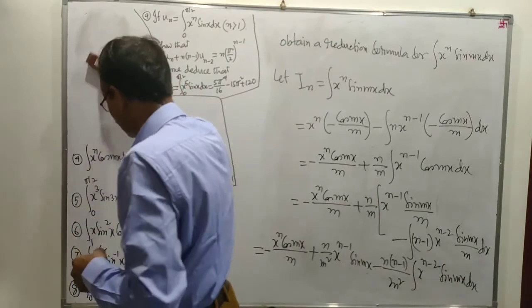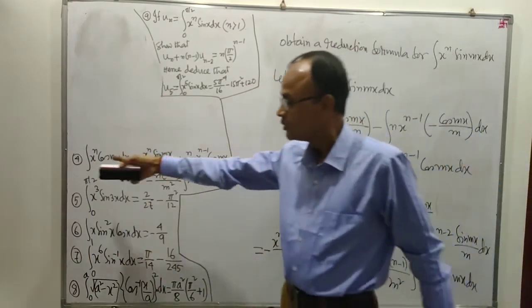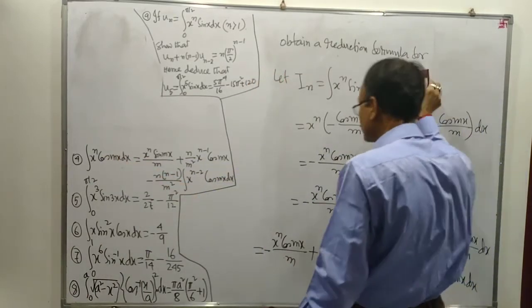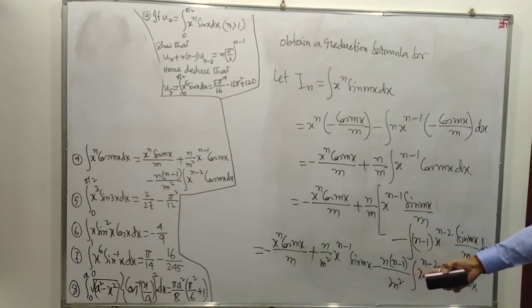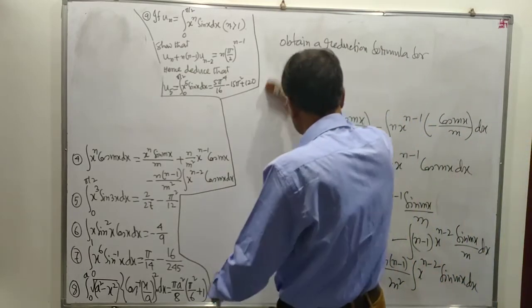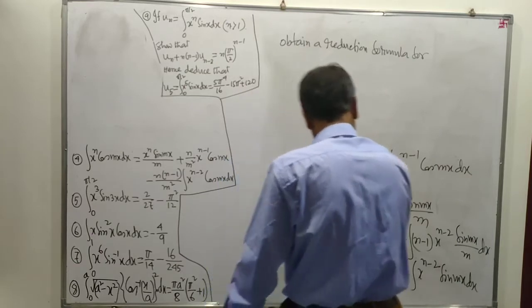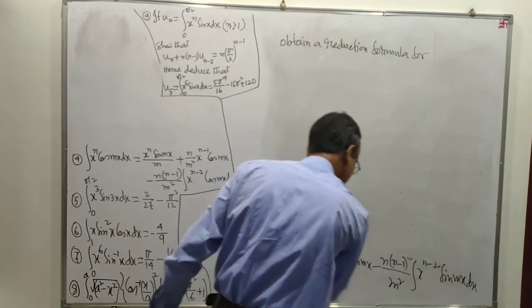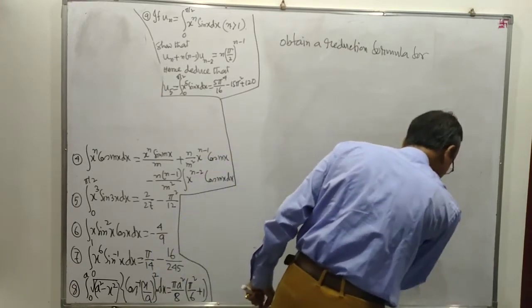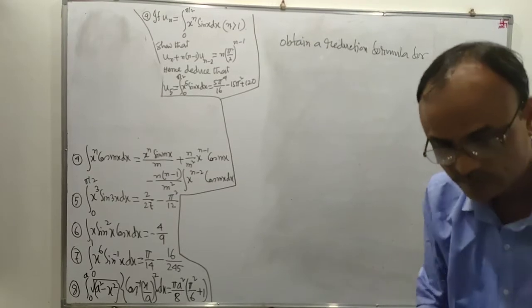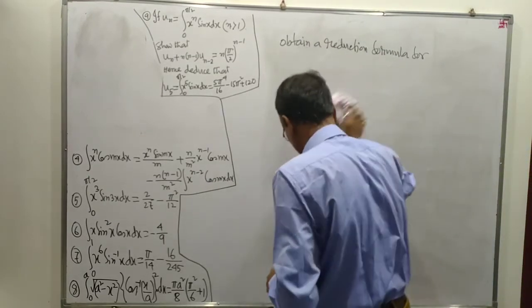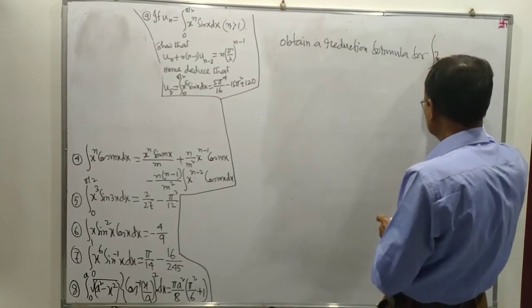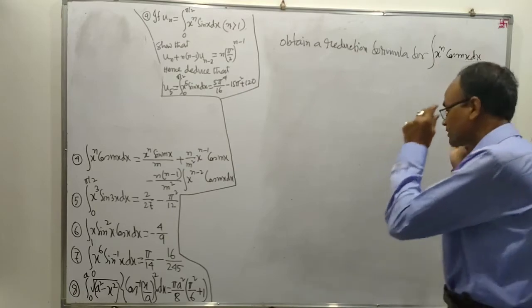Now let us try to solve number 4. The same thing, obtain a reduction formula for integration x to the power n cos mx dx.